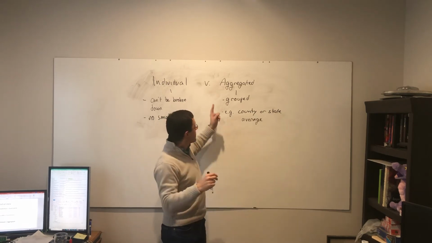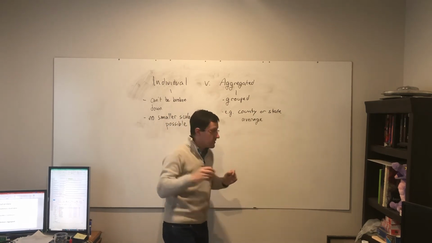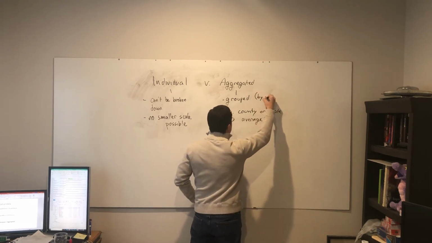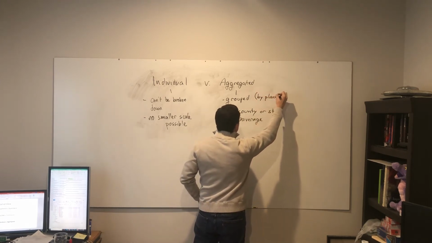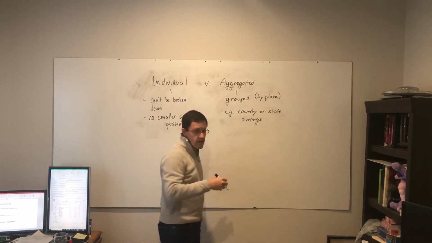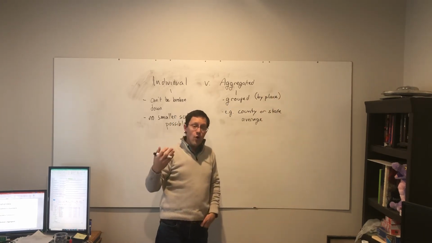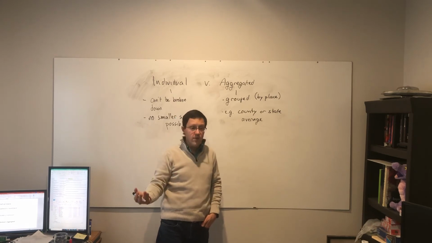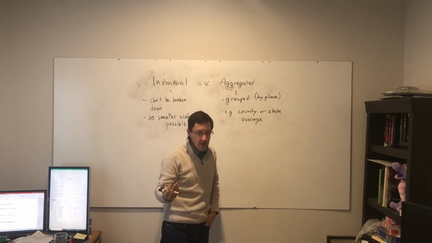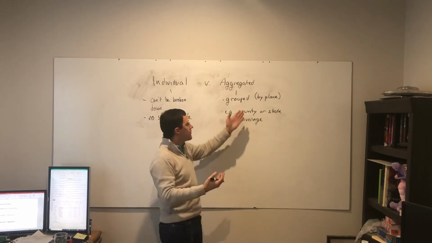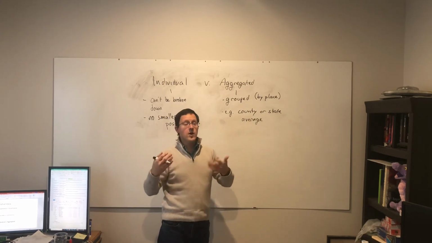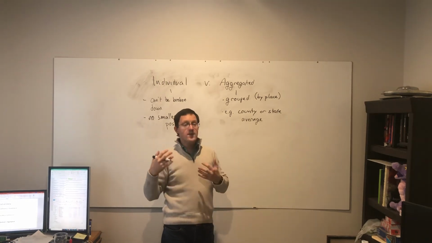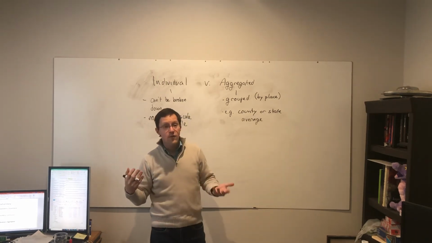But it is grouped within geography. It's not always, it can be grouped by income level, it can be grouped by other demographic categories, but oftentimes it is grouped by place when we talk about aggregated data. So the level of the county, the scale of the state, and so on.